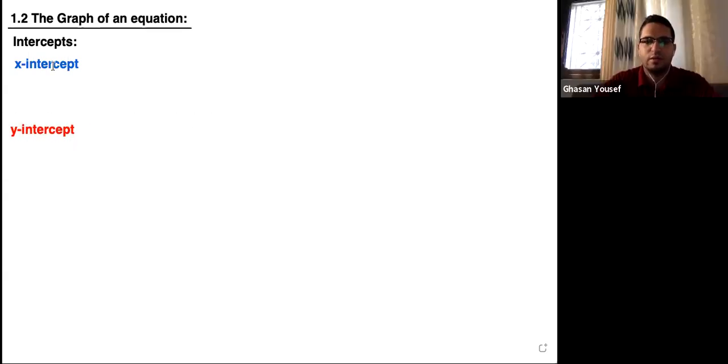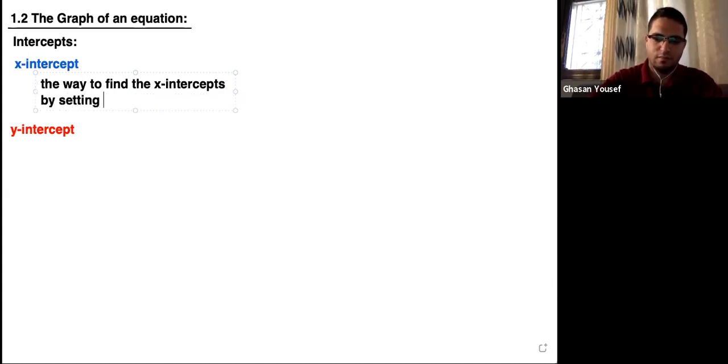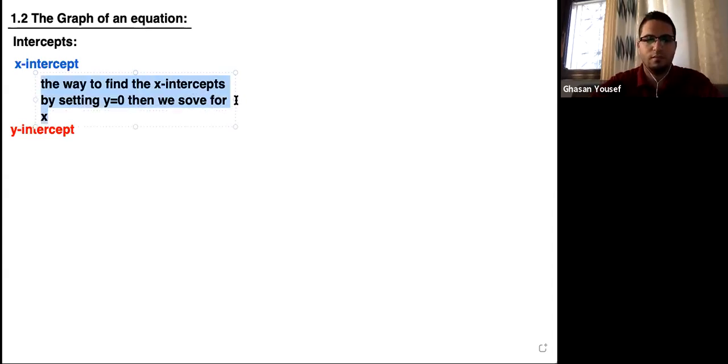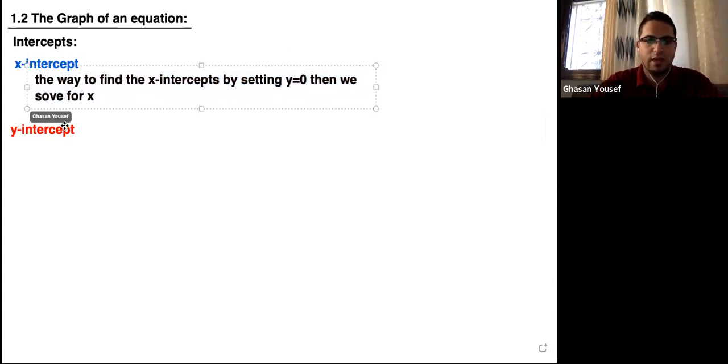So the way to find the x-intercept is by setting y equals 0, then we solve for x. This is how we can find the x-intercept.